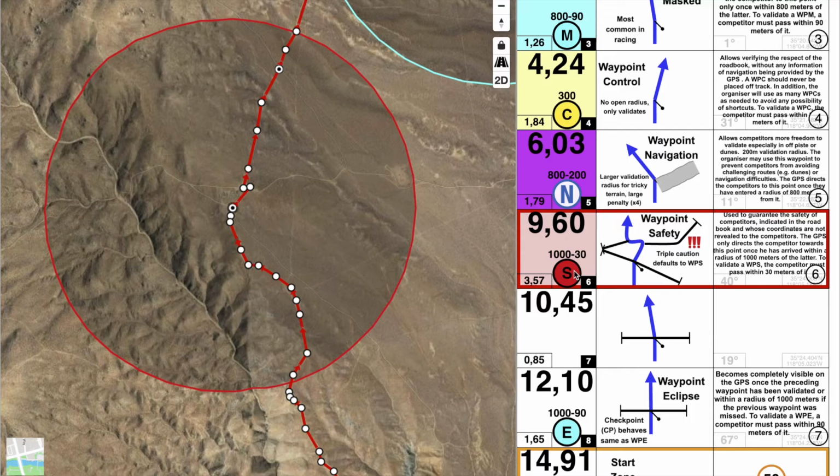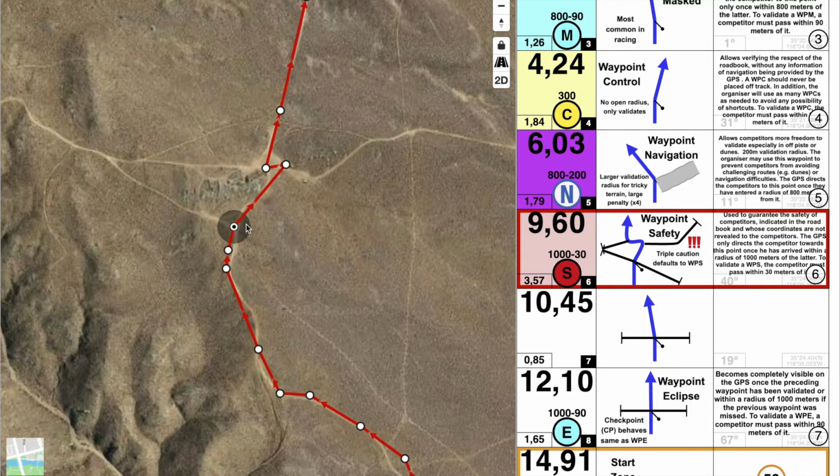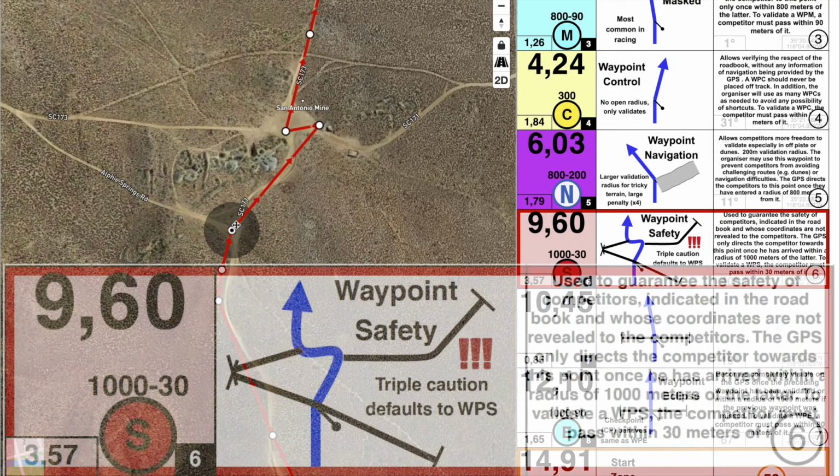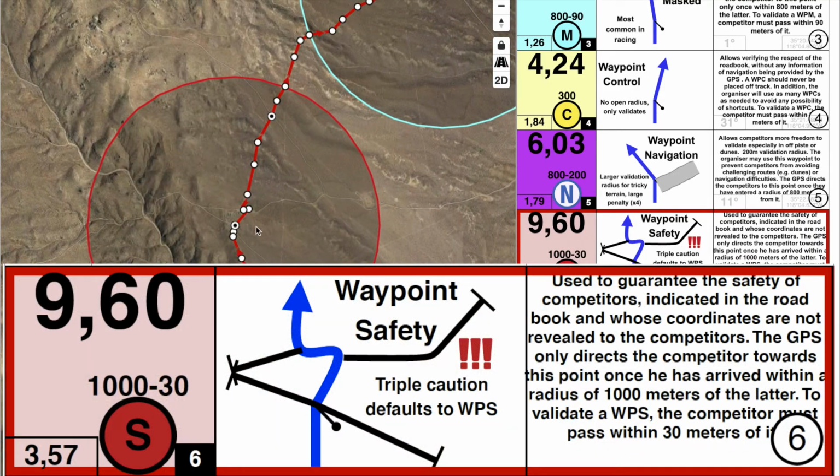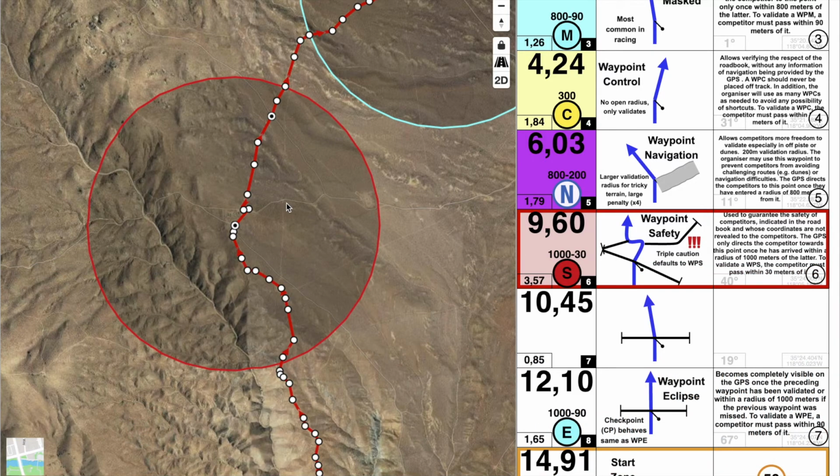If you do not, you get penalized. It's a missed waypoint. The standard is 1,000 meters, so a kilometer open radius, with a 30 meter validation radius. So you can see it's quite a small validation radius, and you will most commonly see these on triple cautions or areas where the organizer wants to make sure that you are safe, so it's a safety waypoint.